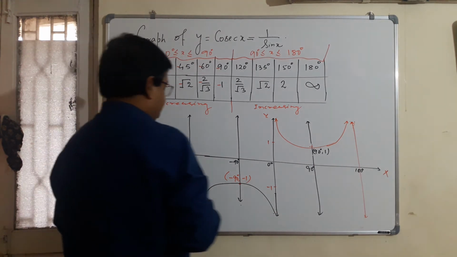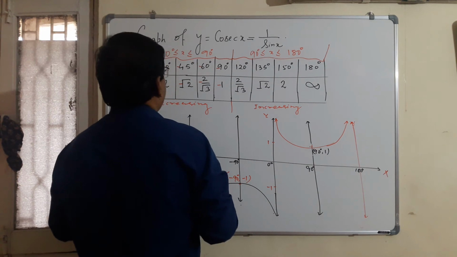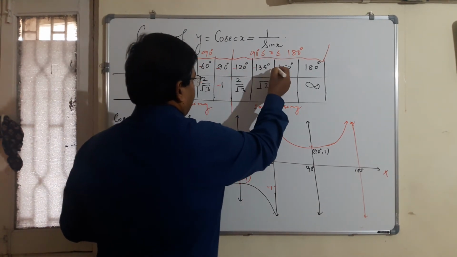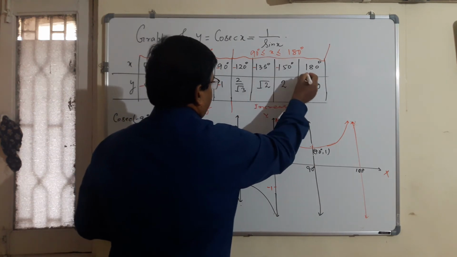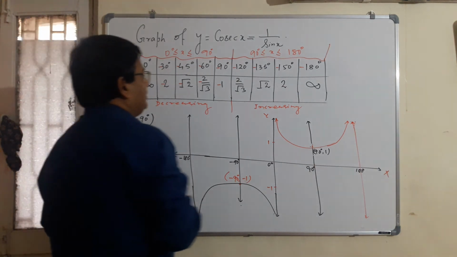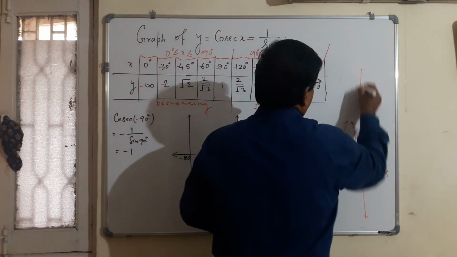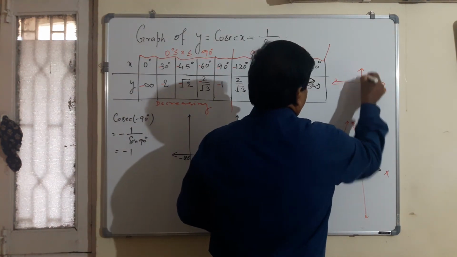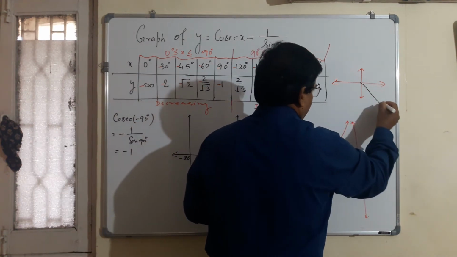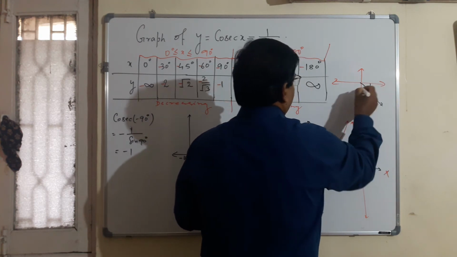Now see here, when you come here, minus 120 degree, minus 135 degree, minus 150, minus 180. See the diagram here: the revolving ray moves in the clockwise direction, so the angle becomes negative.